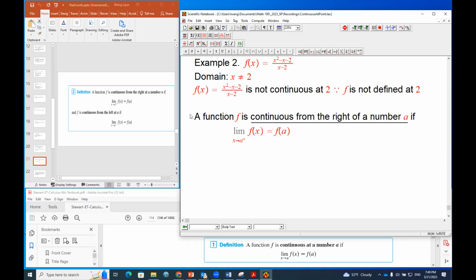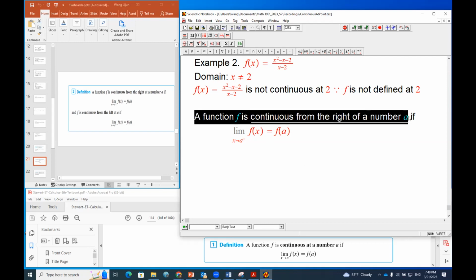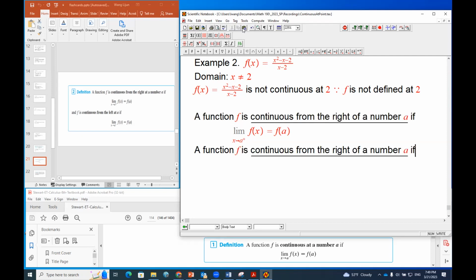And f is continuous from the left of a number a, of course, if we change right to left, then the required situation would be from smaller than a.